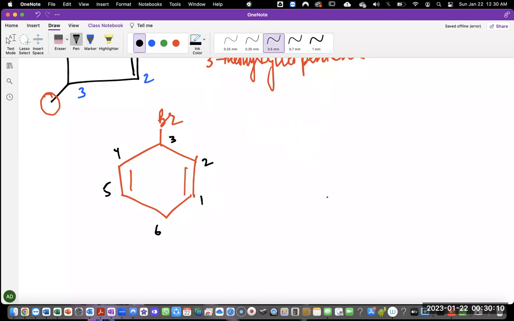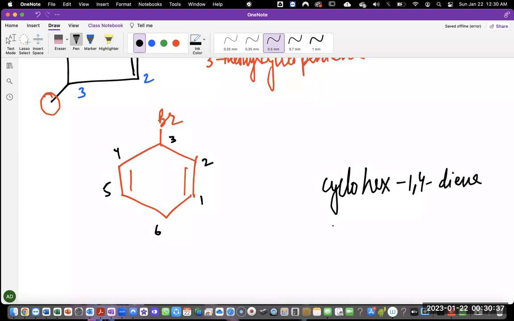So let's see how we name this. Guys, we have 2 double bonds. So this time for sure we'll need to give the numbering to the double bonds. So this is going to be cyclo-hex, because you have 6 carbons. Cyclohex, and the double bonds are at 1 and 4. Okay, so cyclohex-1,4-diene, right?